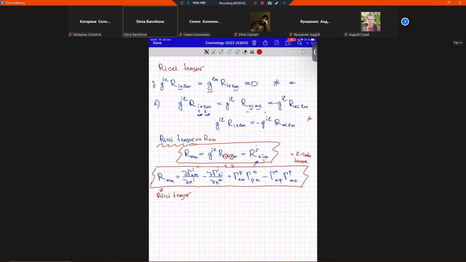It can also be proven that due to the fact that Christoffel symbols are symmetrical with respect to the change of the indexes below, the same will be true for the Ricci tensor. So the important property is that Rkm equals Rmk.